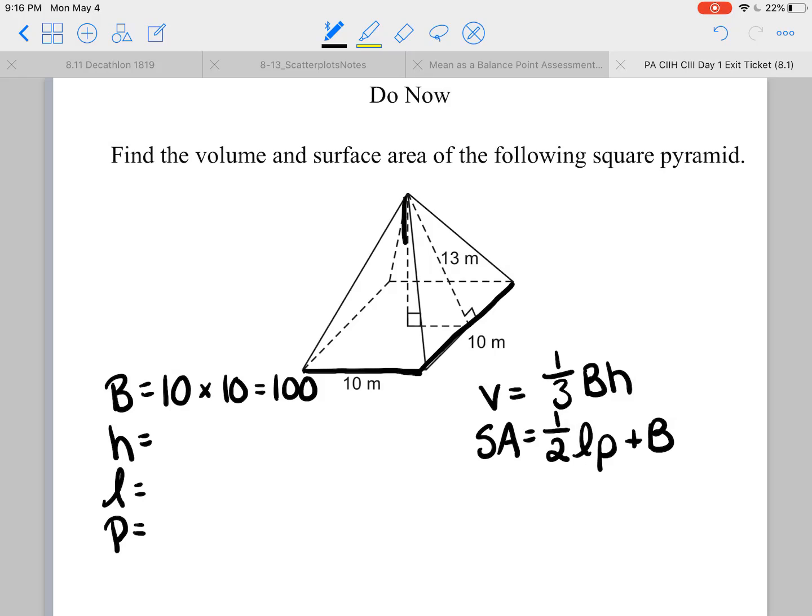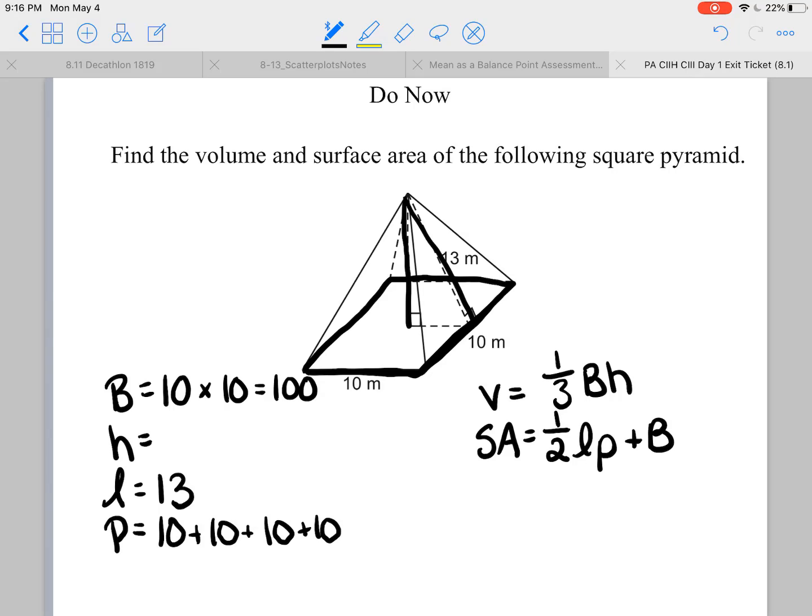We're going to skip the height for now because the height is right here, but we don't have a number. And I'm going to teach you today how to find it. The slant height is 13. And to find the perimeter, we need to go 10 plus 10 plus 10 plus 10, which is equal to 40.